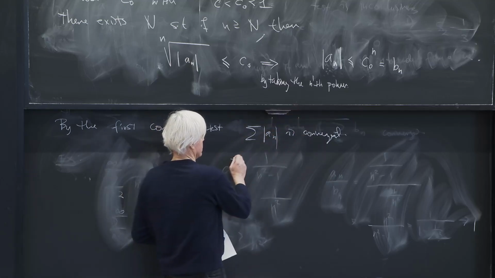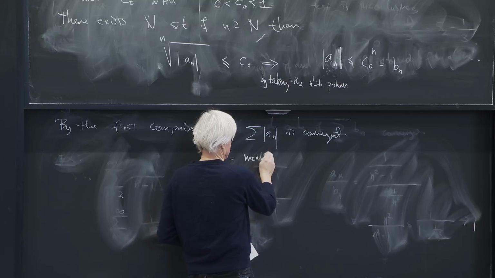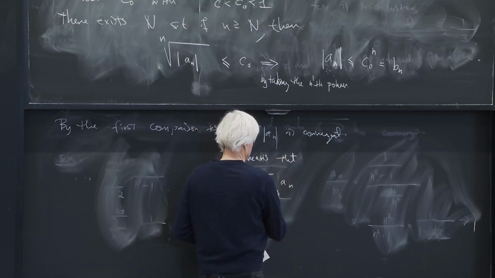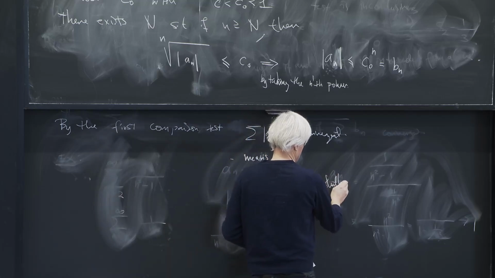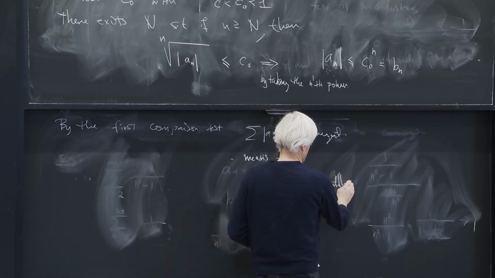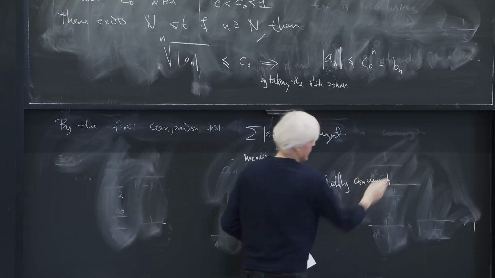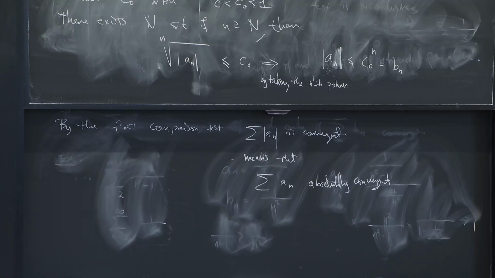And this just means that the original series here was absolutely convergent. But absolute convergence implies convergence, so you are actually proving absolute convergence.